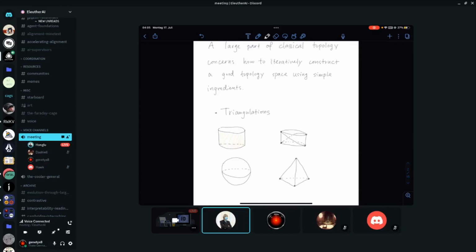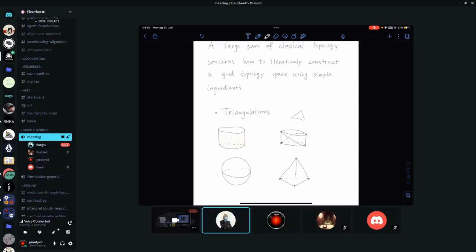For example, if you have a band like this, you can pick four vertices and draw lines between them so that each piece is a triangle and they glue together along the edges in a certain way. This kind of configuration gives us some idea about the topology.